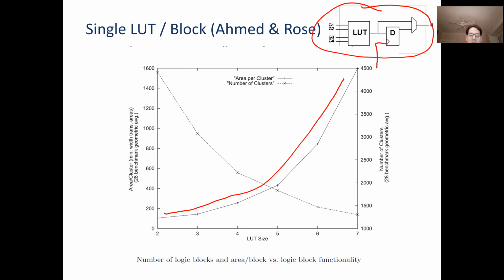They run a whole bunch of benchmarks through and they vary the channel width, seeing how wide the channel has to be for each of them to route on this architecture. And from that, they pick a channel width. They actually pick the average plus some amount, and they can calculate the area per cluster. The other thing they need to know is how many clusters were used on average by the CAD flow.